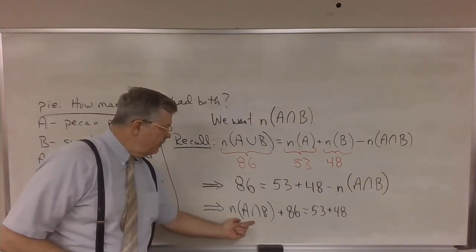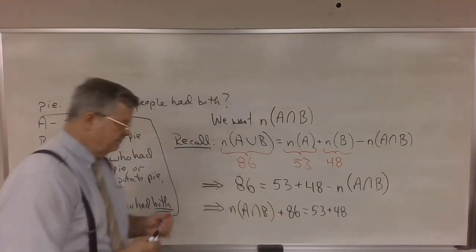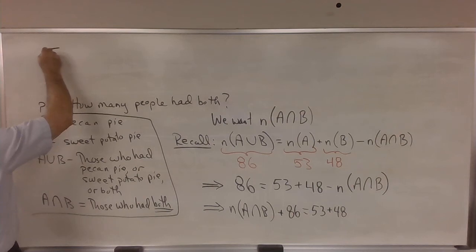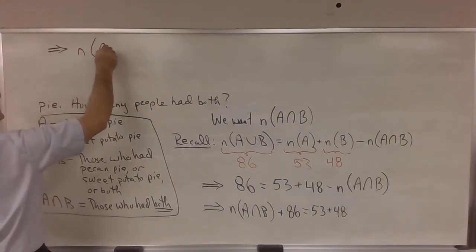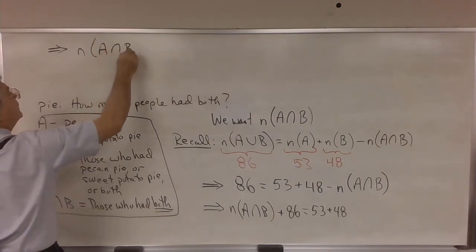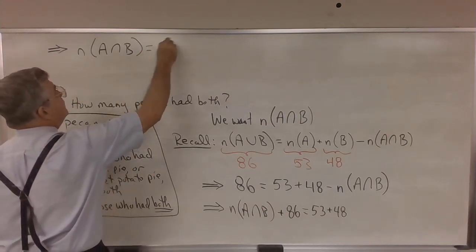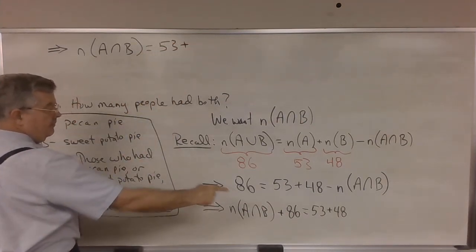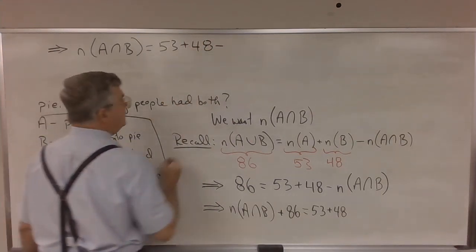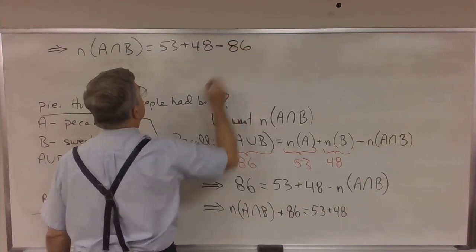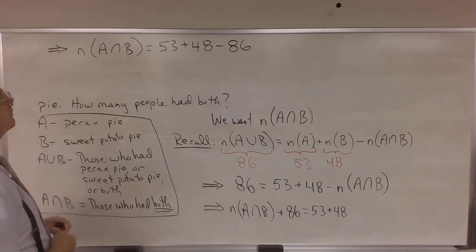And this is what I want. So I'm going to get this 86 on the other side. I'm going to subtract it. So that leaves me with the number of people in A intersect B equals 53 plus 48 minus 86. Oh goodness gracious.